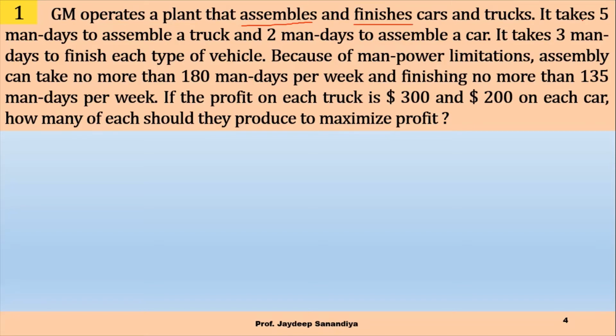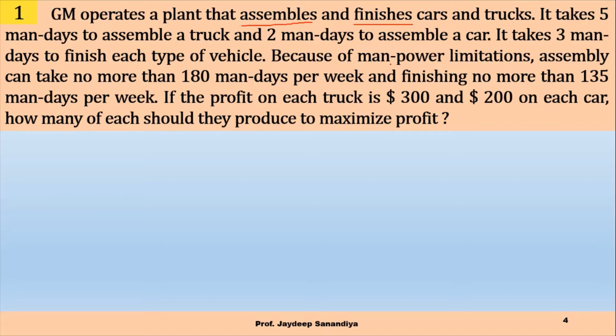The resources are given: assembly operation requires 5 man-days for a truck and 2 man-days for a car, right? And in a similar way, finishing operation takes 3 man-days for trucks and cars.